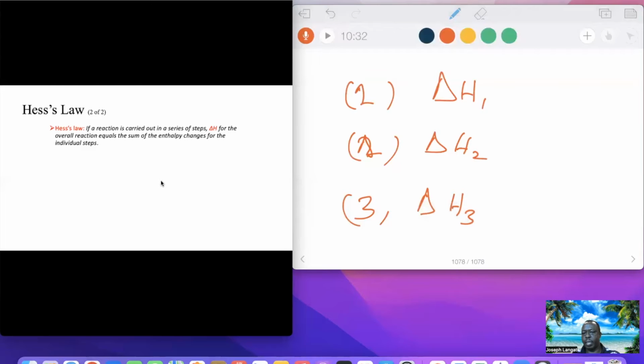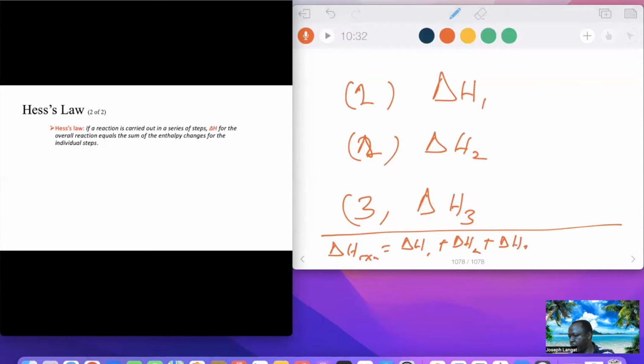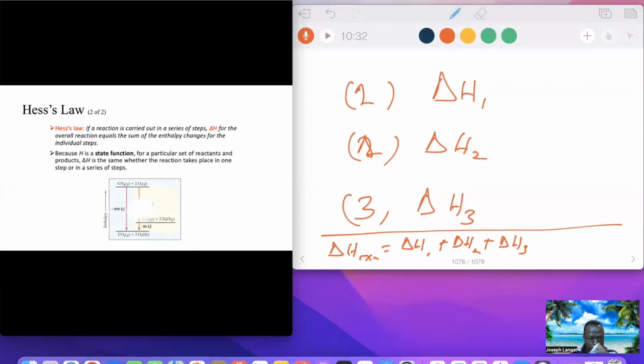For the overall reaction, the change in enthalpy is given by delta H1 plus delta H2 plus delta H3. It gives us the overall for the individual steps.